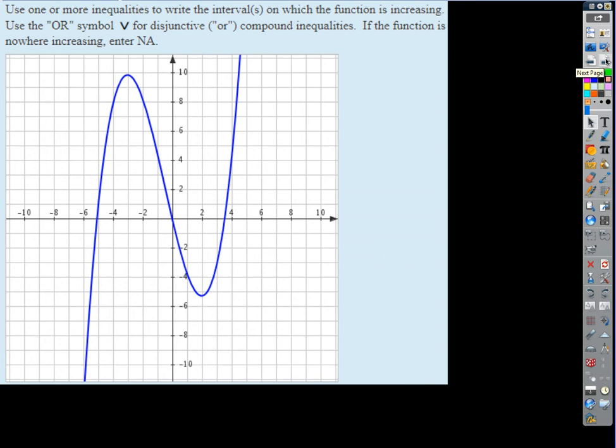Okay, how about something like that instead? Where is this one increasing? So it just means where is the slope positive? Where are we walking uphill from left to right? What do you think? Where's an ant walking up?